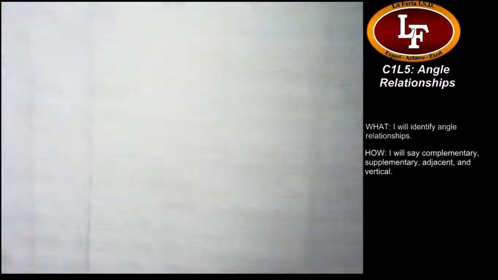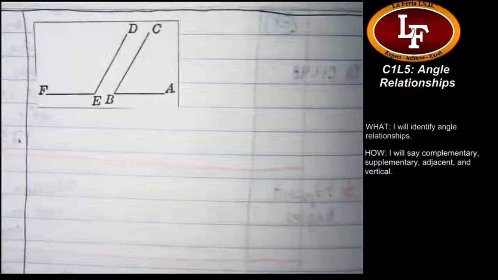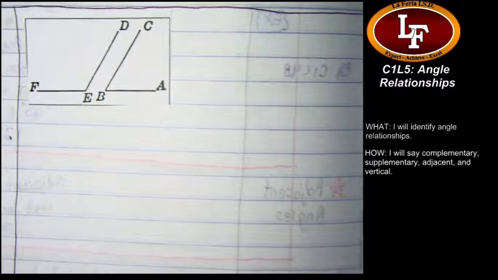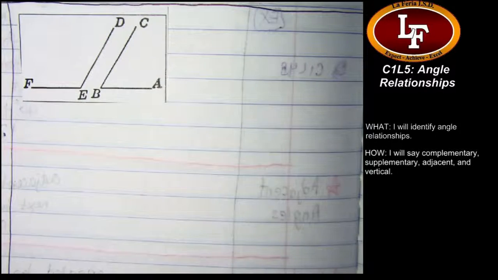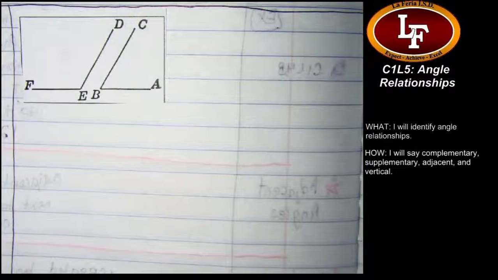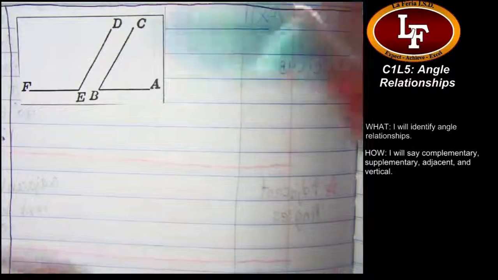How much more space would you need? About 4 or 5 lines. Yeah, you can squeeze it in there. All right, take a look at these two angles.